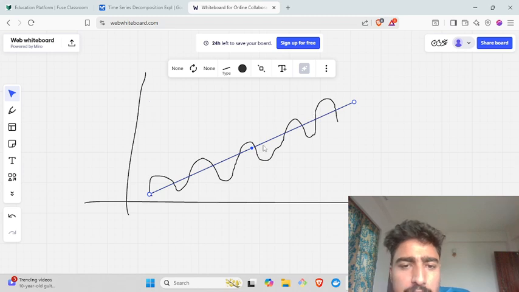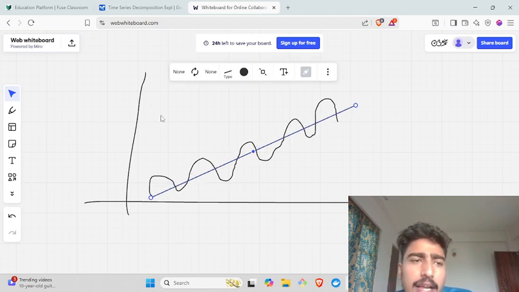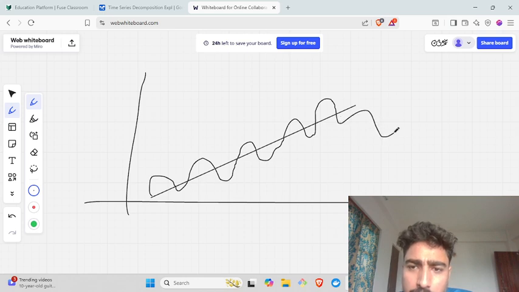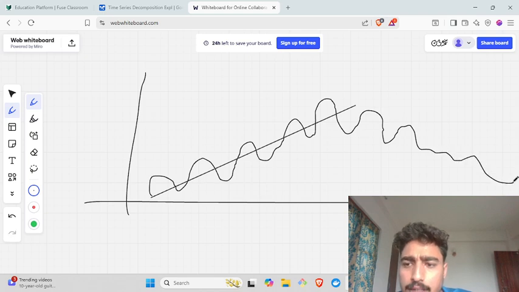We trace an upward trend, and after this the trend goes the opposite way, decreasing over time.